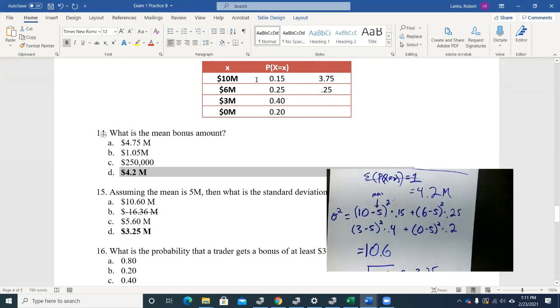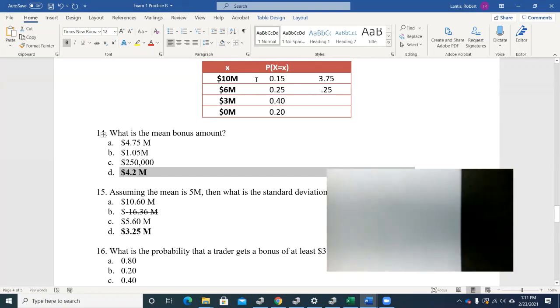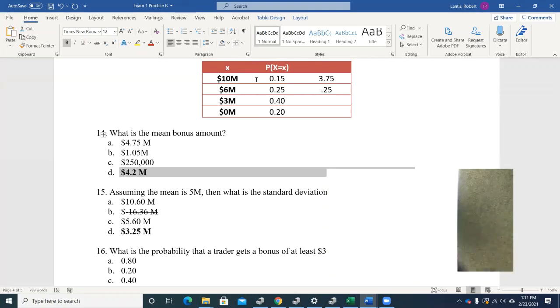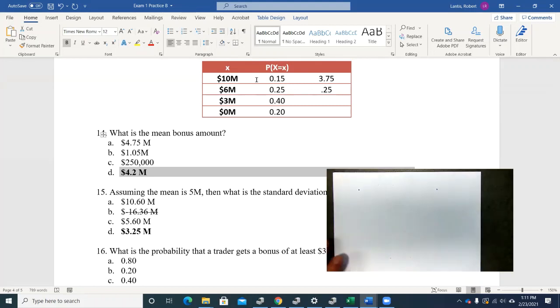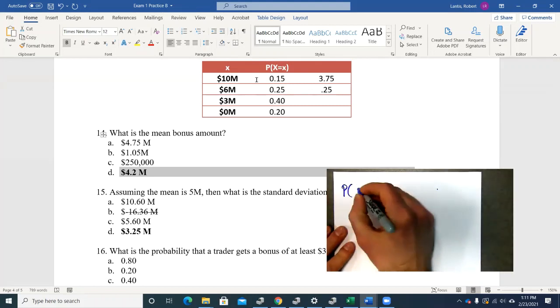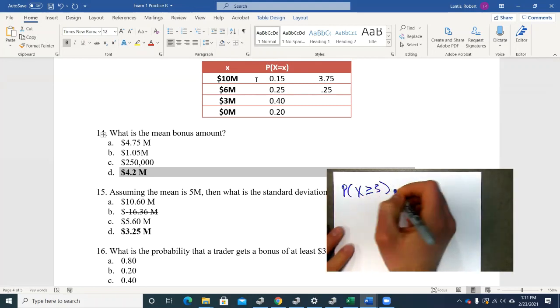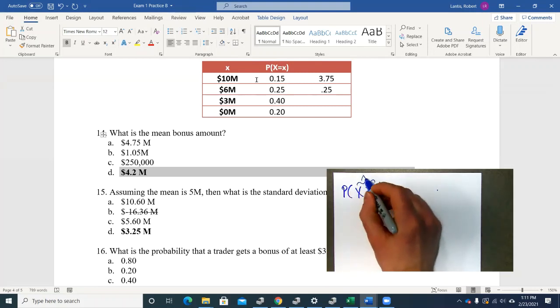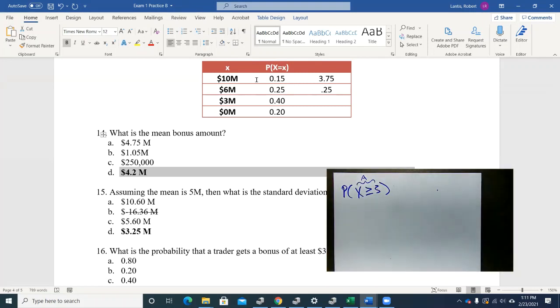So if I'm writing this out for any example that we could see, what we were asked to find was the probability X is greater than or equal to 3 million. If we think about this as event A, what we want to do is find every outcome that fits into event A and then add the probabilities of all those outcomes.